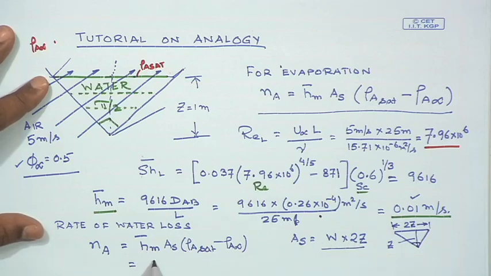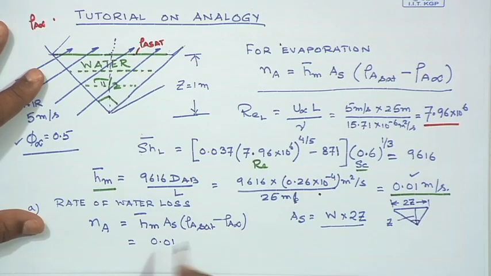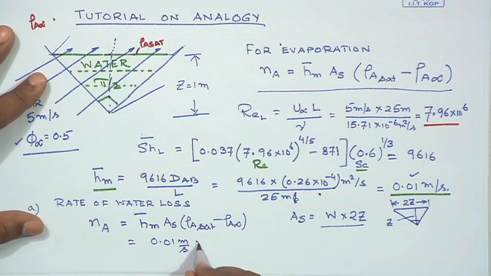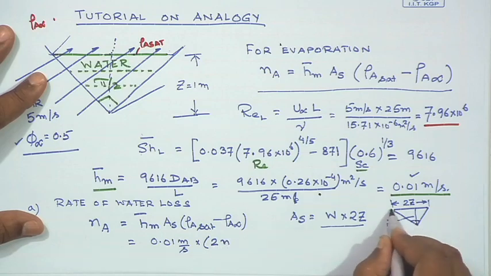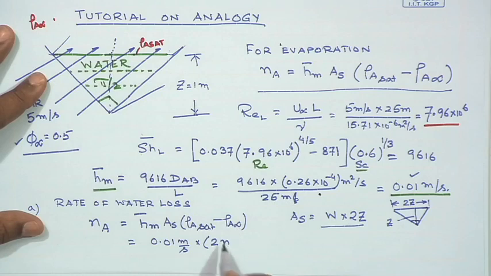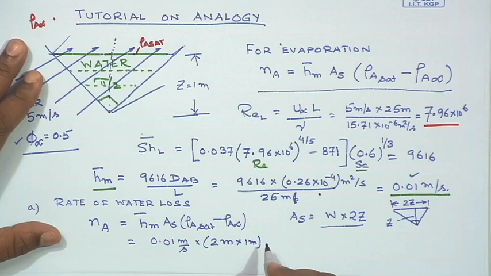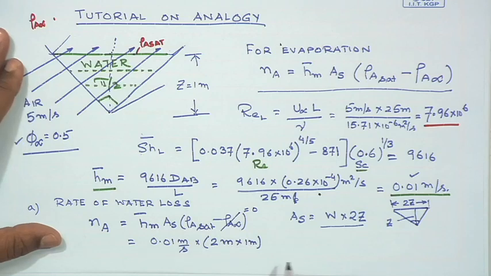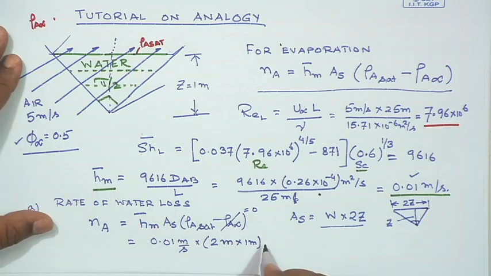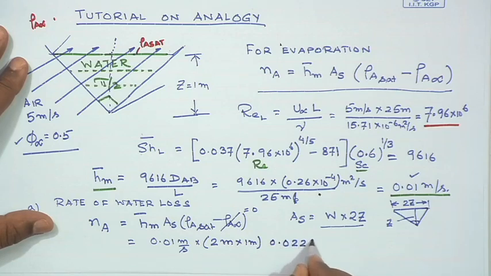So, this A_s is going to be W times 2z, and when you put the numbers in, h̄_m is 0.01 meter per second. For A_s, you would get 2 meter, since this is 1 meter, the top one is going to be equal to 2 meter into 1 meter, times ρ_A,sat, which is provided as 0.0226 kg per meter cube.